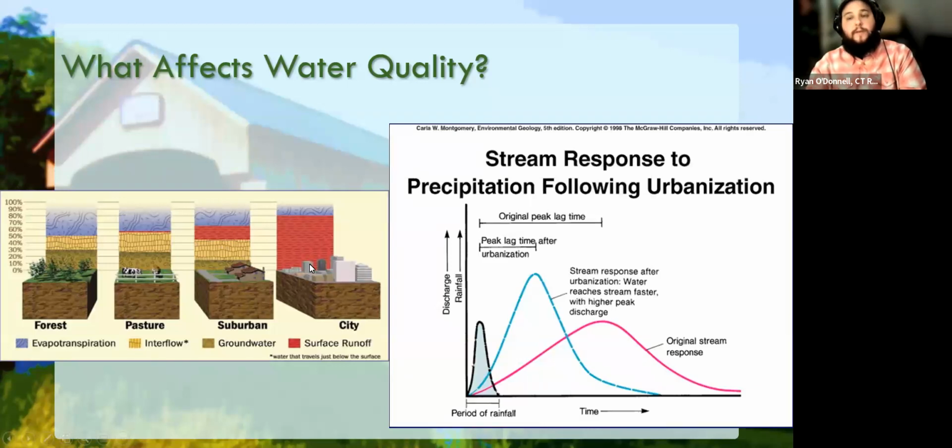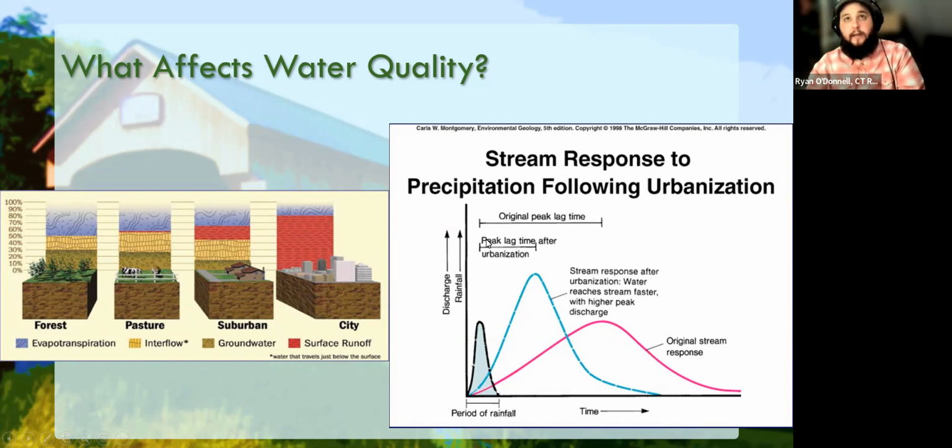And then of course, if you move to a city, which is primarily pavement, with very little green space and very little ability for water to get into the ground at all, you get no groundwater, maybe a few street trees and puddles taking up water and evaporating it. But most of that water is hitting the ground and going straight into the nearest body of water.